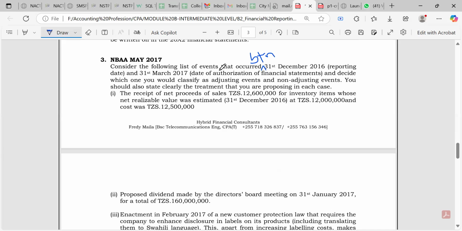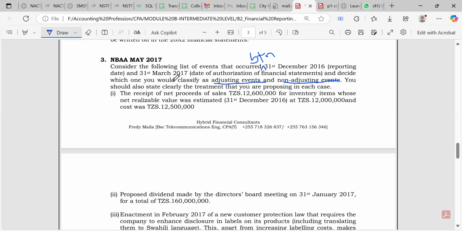So these are the events after the reporting period, we presume, because 2017 was the date of authorization of the financial statements. Decide which one you would classify as an adjusting event and a non-adjusting event. You should also state clearly the treatment that you are proposing in each case.